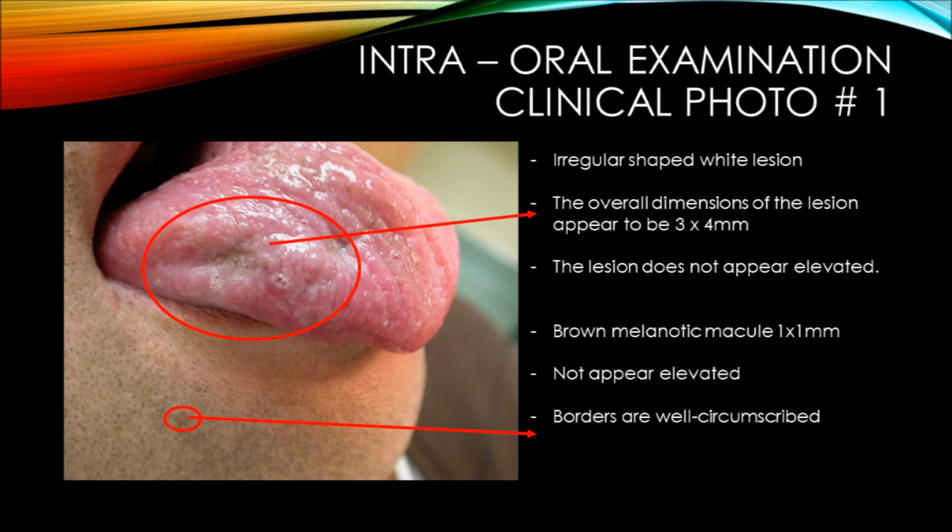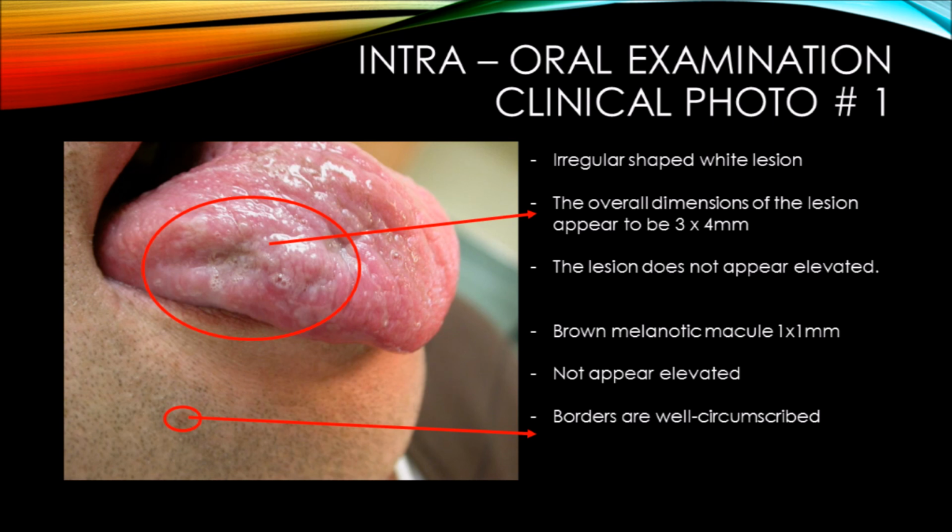Elevated: it's important to know that because lesions that are elevated could be due to swelling, pus accumulation, an underlying cause, or an exophytic growth that could leave it elevated, something like that. These are the things you need to consider. That's why it's important to know whether it's elevated or not.